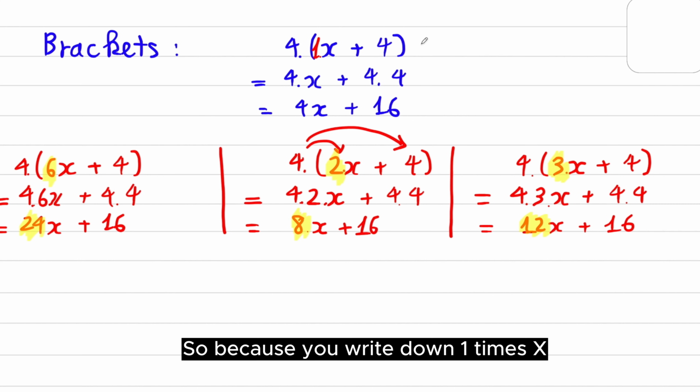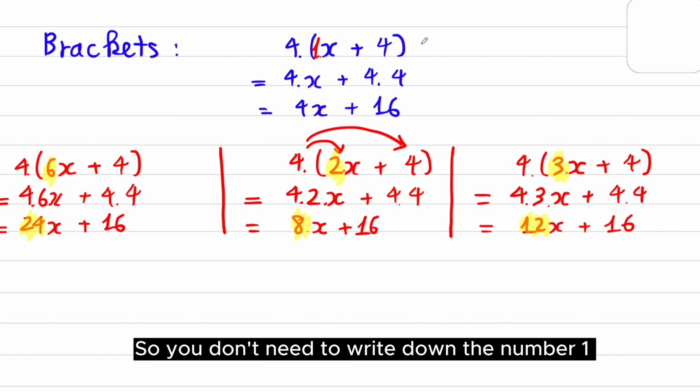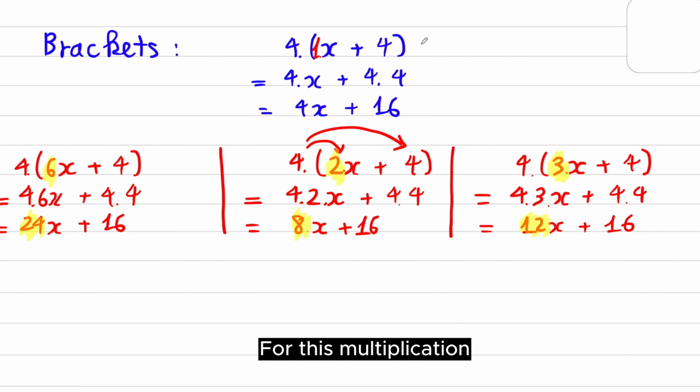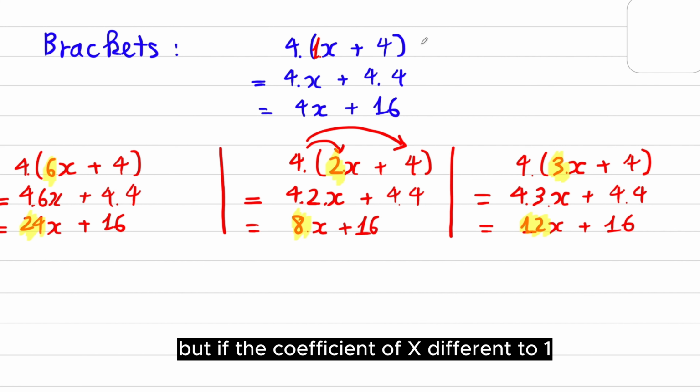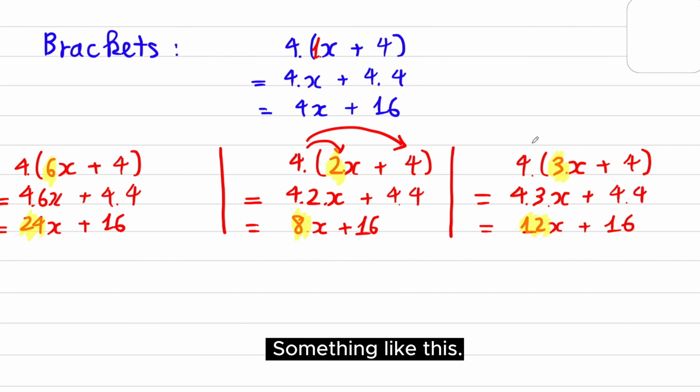Because you could write 1 times x, you can write it another way as only x. You don't need to write down the number 1 for this multiplication because 1 times x equals x. But if the coefficient of x is different to 1, you have to write it down very carefully. Okay, something like this. Let's move to another example.